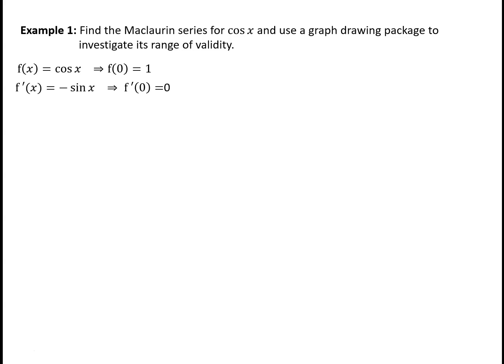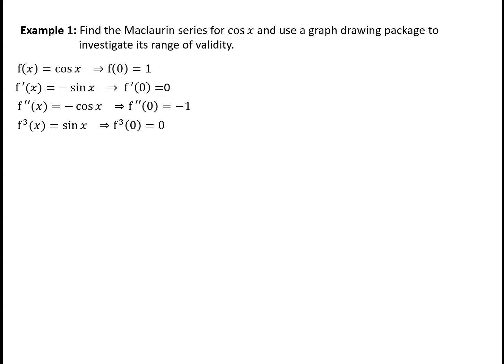The first derivative is minus sine x, and when x equals 0, the first derivative has a 0 value. The second derivative is minus cos x. When we put x equals 0, we get f double dash 0 is equal to minus 1. Differentiate again, we get the third derivative of f is sine x.